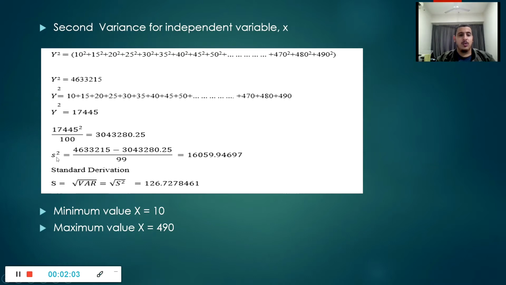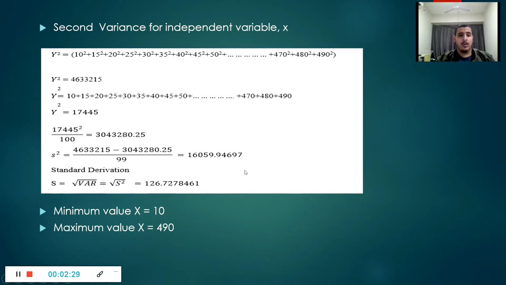We will get 3043280.25. So to have the standard deviation squared, we will have 4,633,215 minus 3043280.25 divided by n minus 1. We will get 16059.94697. For the standard deviation, we have to take the root of this value.